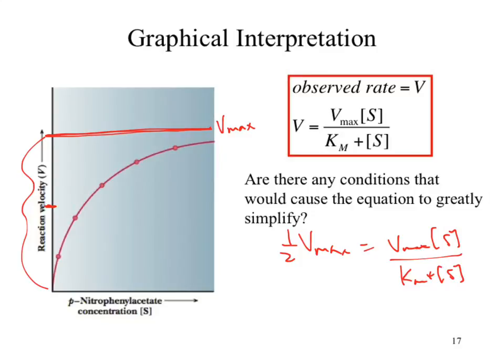Guess what you're going to find out? That's equal to Km. Okay. At 1/2 Vmax, your substrate concentration will be equal to Km. So you can pull Km off of this curve as well. Okay. Kind of a neat little feature.